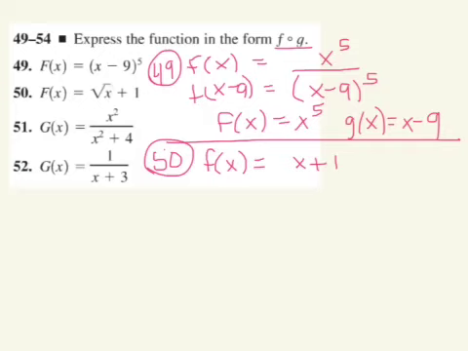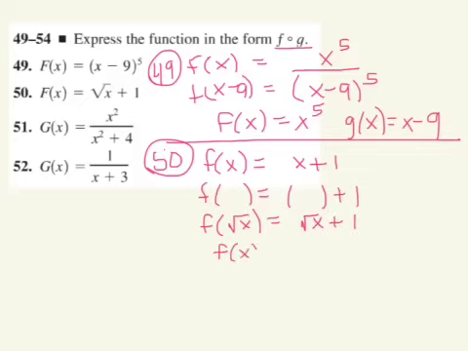And then what we know is that we're plugging something in instead of that value of x. So what we're plugging in is square root of x. So our f of x is x plus 1. Our g of x is what we plugged in, square root of x.